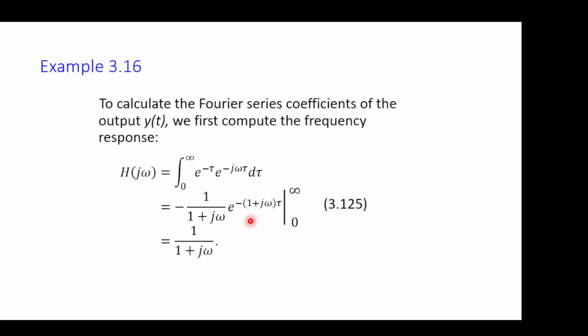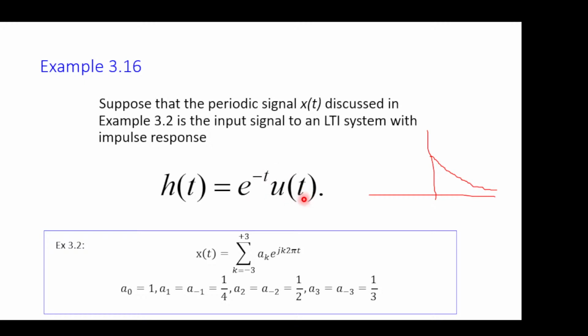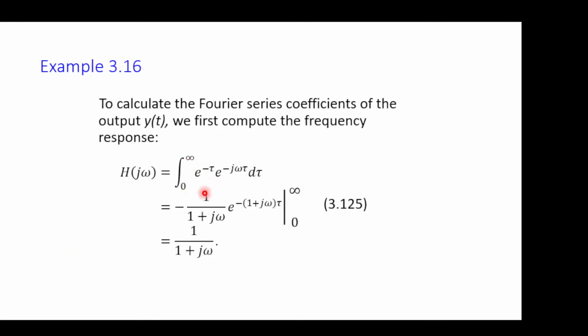Here we use tau instead of t because it is the variable we integrate over. Instead of minus infinity we start from 0, because we are cut off by u of t. We are left with e^{-tau} and e^{-j omega tau}, and when you do the integration, you get 1 over 1 plus j omega.